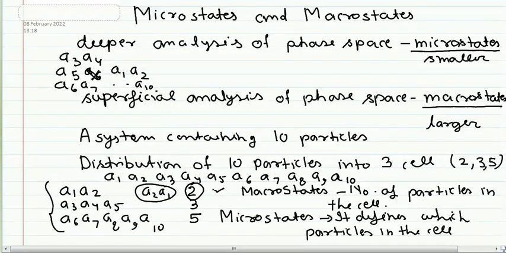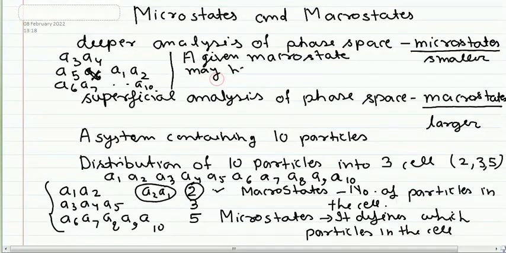And let us note one more line in your notebook: a given macrostate may have many microstates. In this example, our macrostate is 2 particles in a cell.